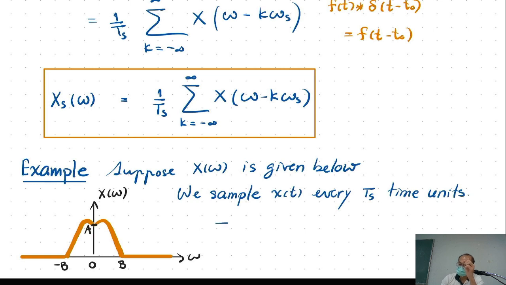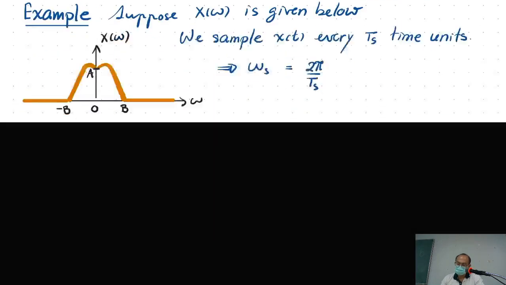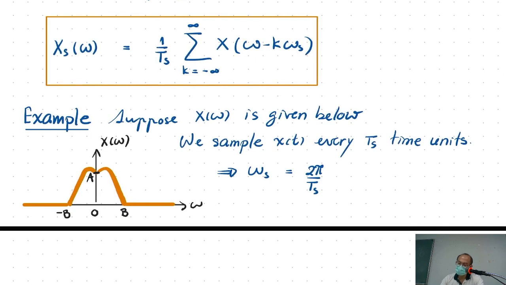So this means that omega s is equal to 2 pi over Ts, right? So we're going to have to plot Xs that comes out of the sampler.